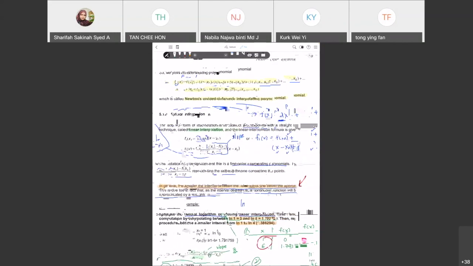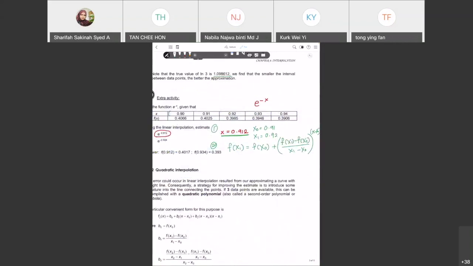This is the formula. So try to do the calculation. I give you 5 minutes and then share with me the solutions.